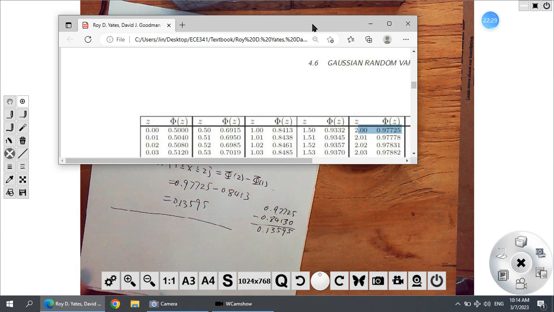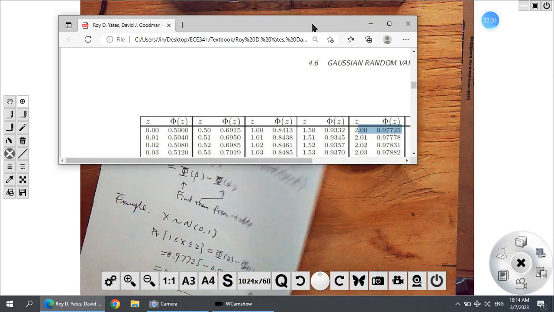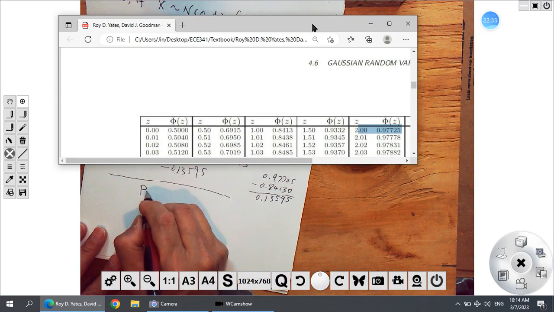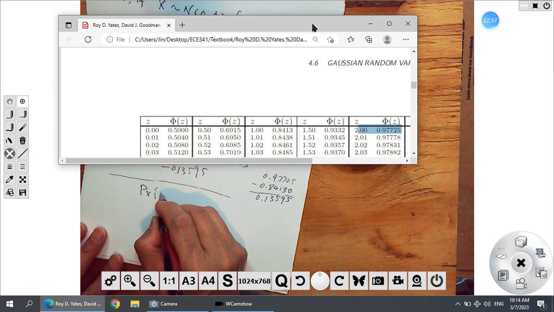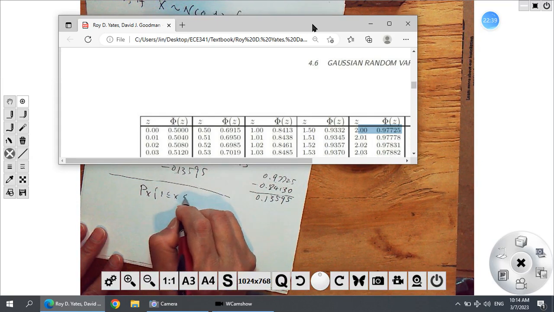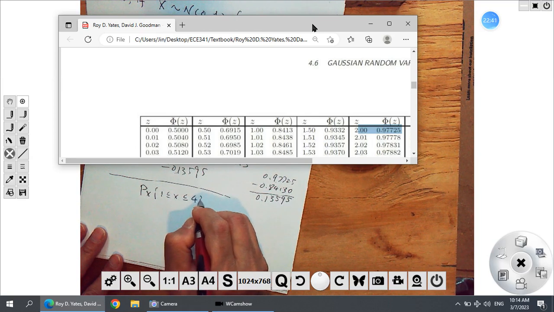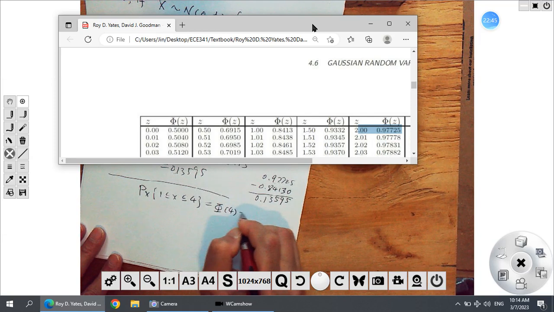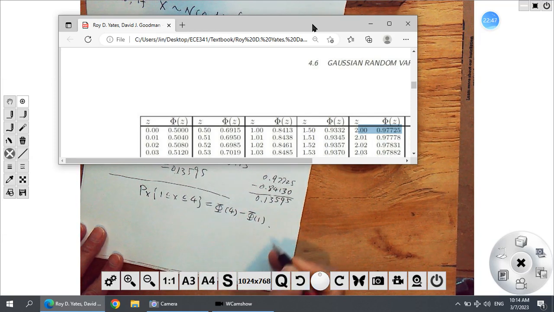Then if we want to calculate another one, like 1 smaller than or equal to X smaller than or equal to 4, this one will be phi 4 minus phi 1. And what is phi 4?